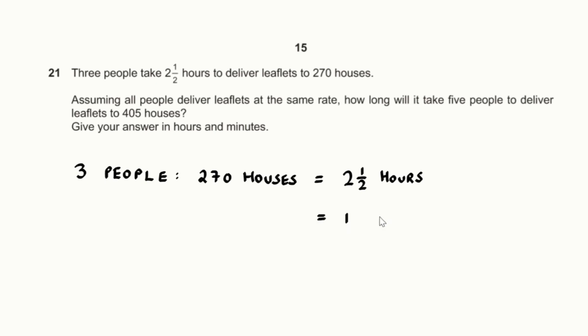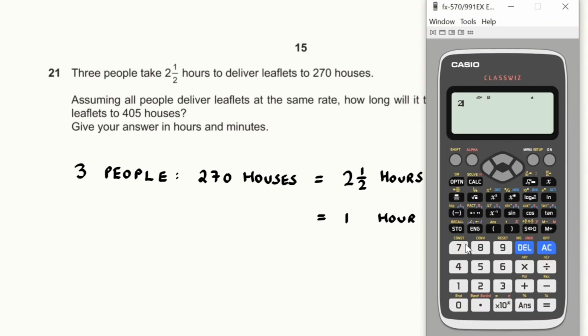So we can find out how many houses will be delivered in 1 hour. So in 1 hour, I need to do 270 divided by 2.5, which is 108. So I've got 108 houses delivered in 1 hour for 3 people. And therefore, for 1 person, we need to divide this by 3.